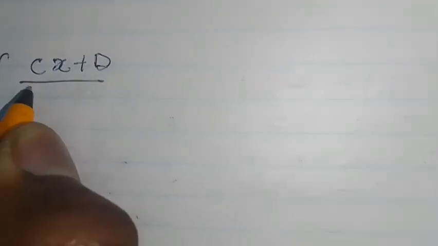For example, suppose maybe it's just cx plus d over x minus a1 into x minus a2 into x minus a3, progressing like that.